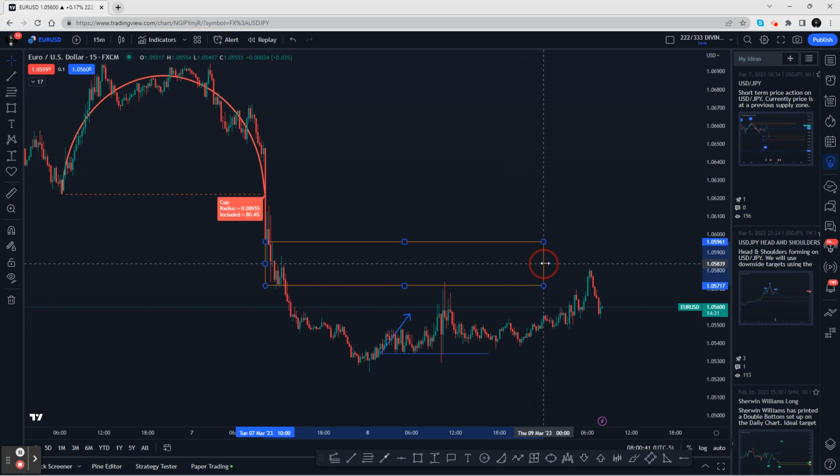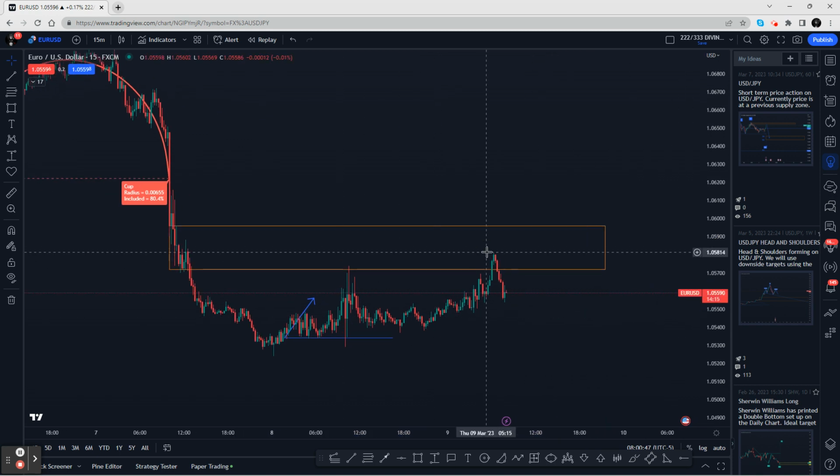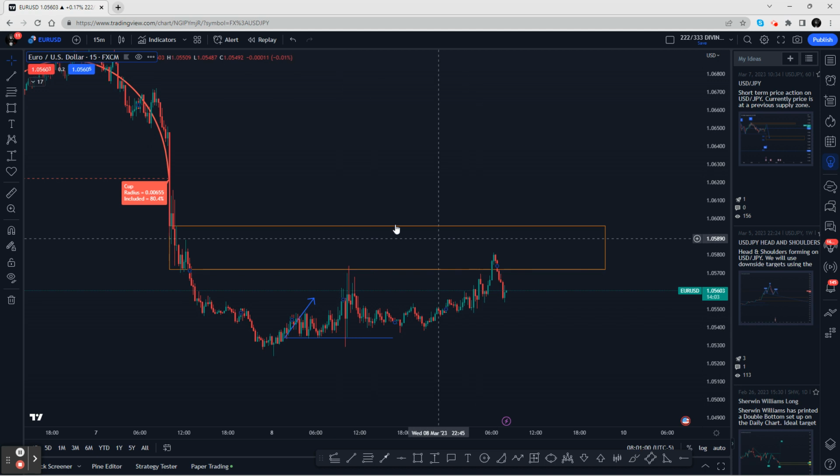Sorry, I just didn't stretch it all the way over. So see, all right. So you see how we still came back into this area. If you look left over here, this is a supply area. It's an area where price had some major movement out of this particular consolidated area for our supply.